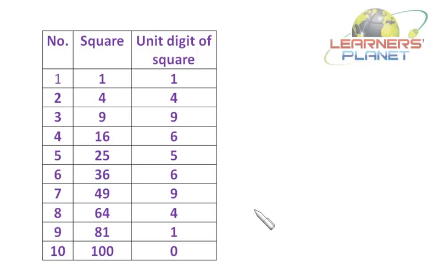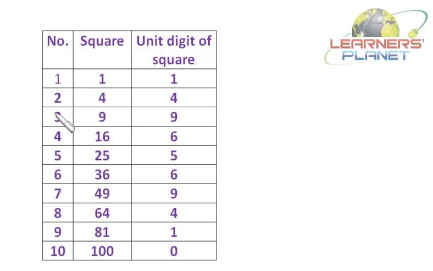So the square of 1 is 1, square of 2 is 4, square of 3 is 9, square of 4 is 16, square of 5 is 25, square of 6 is 36, square of 7 is 49, square of 8 is 64, square of 9 is 81, and square of 10 is 100. These numbers and squares we already know. We might have learned them in our junior classes also.